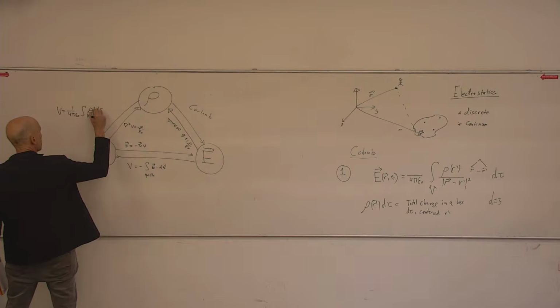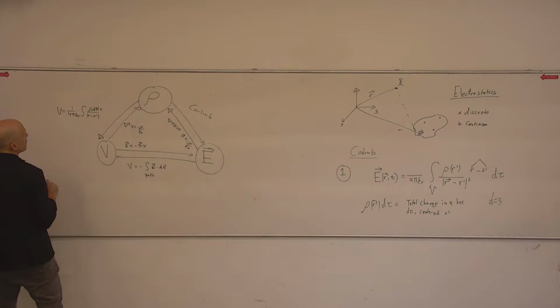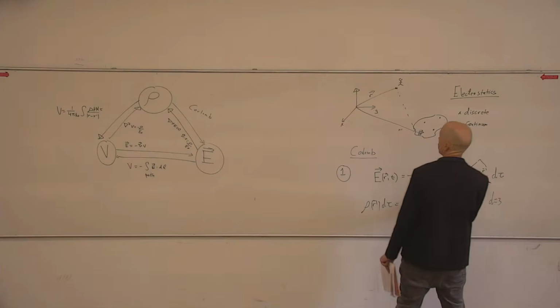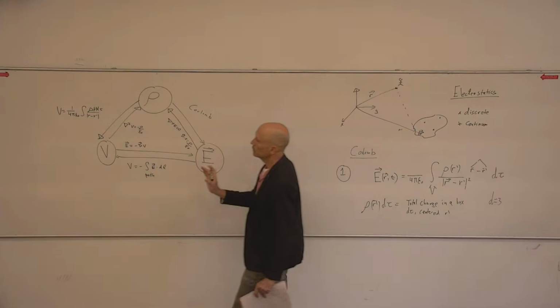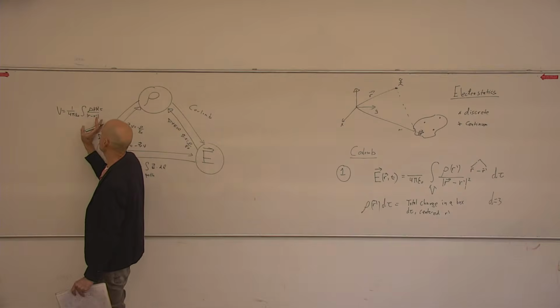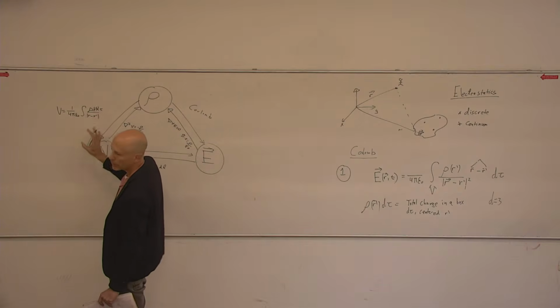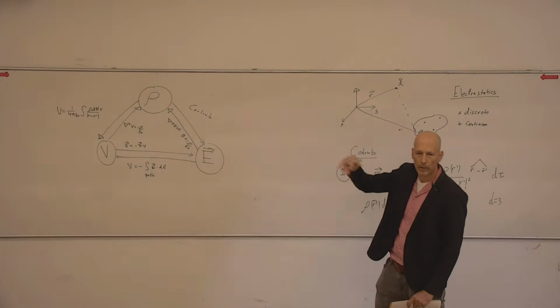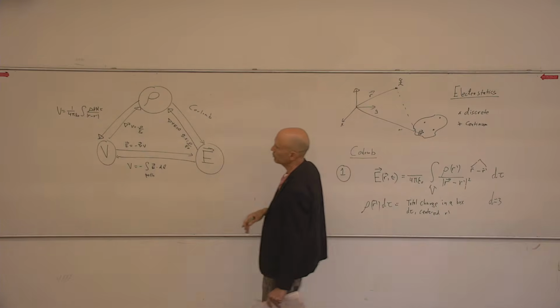This will depend on r prime. So there's no hat because V is not a field, and you need to add up contributions from potentials that you already know in other courses. It's just adding many of them to get this potential.